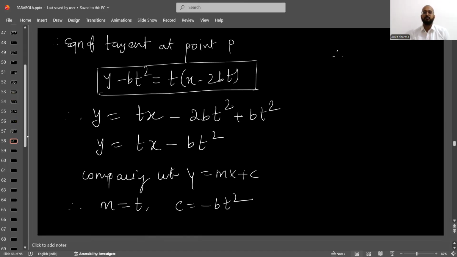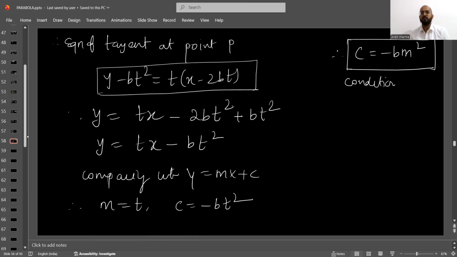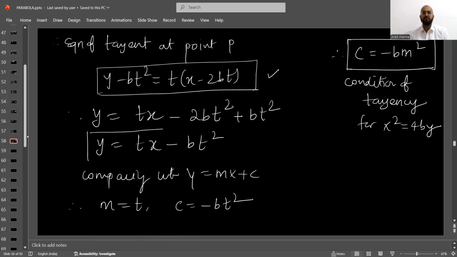Therefore, c is equal to minus bm square. This is the condition of tangency for the parabola x square is equal to 4by, and this is the equation of tangent. We can write it this way also.